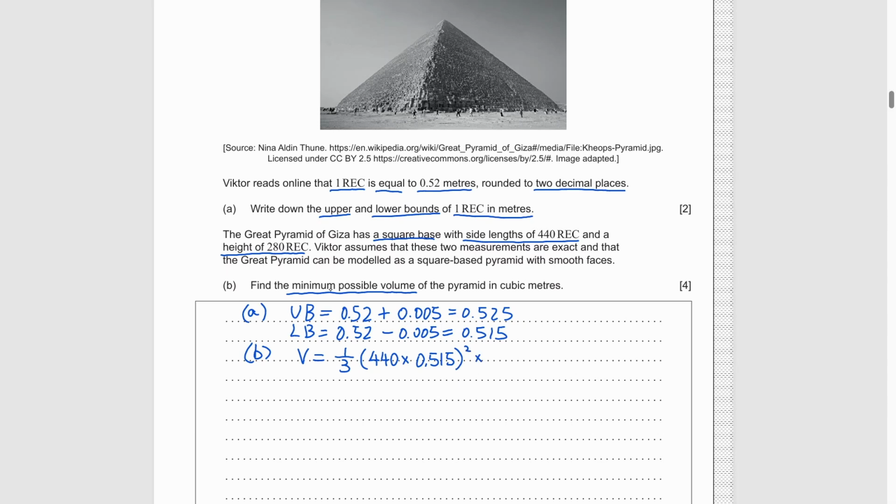The minimum volume occurs when both the base and the height take their lower bound values. So we multiply 1/3 by the base side 440 times the lower bound 0.515, squared, and then multiply by the height 280 times 0.515.